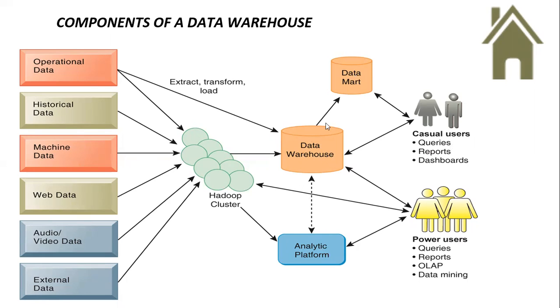Then the data mart is special data that depends on the company's use, like sales or some other important thing. Because the data warehouse is where all data is accumulated, whether unstructured or structured data, it is already accumulated in the data warehouse. But here, this is specific, a highlight, a visual highlight focused on it, and then used by the casual and power users.